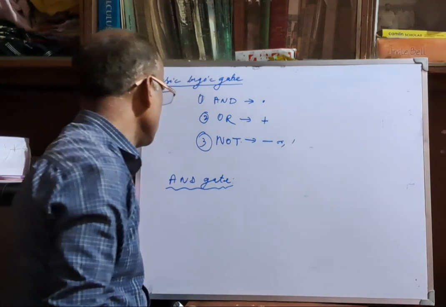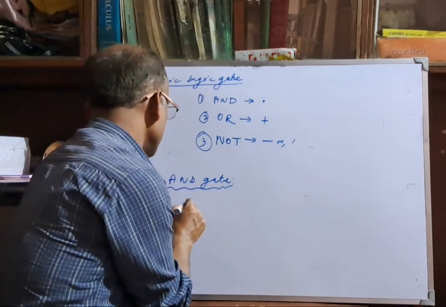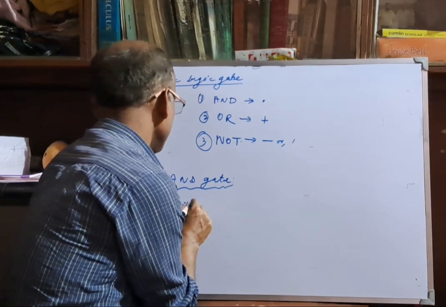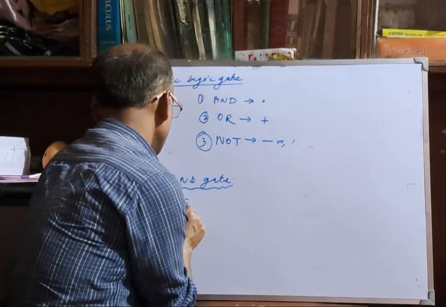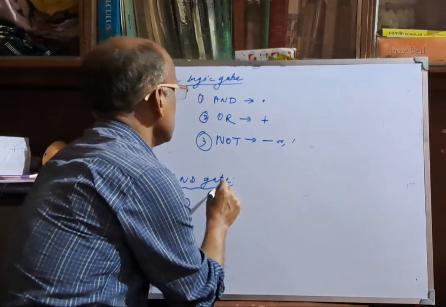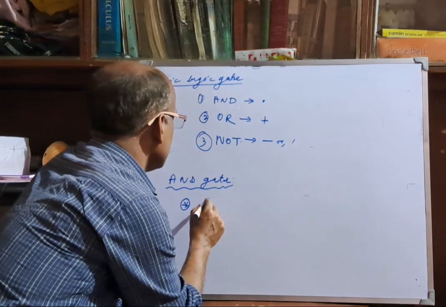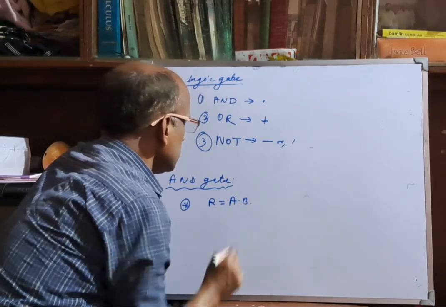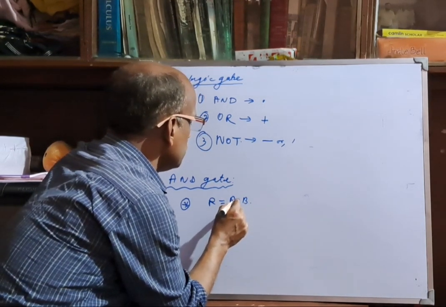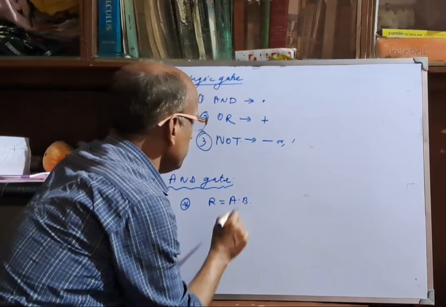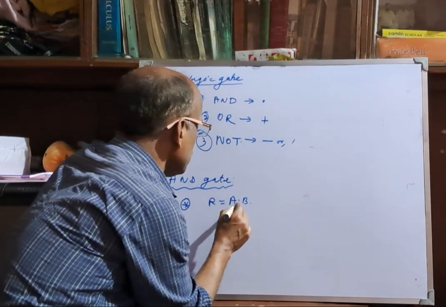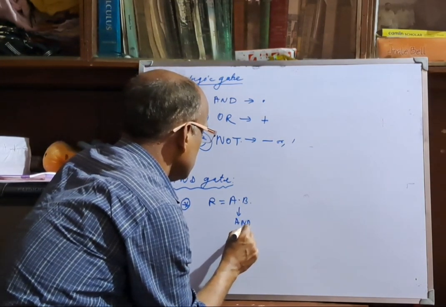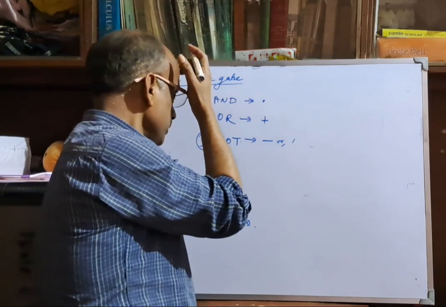Suppose it is represented in this way: R shows the relation between A and B. There are two input variables, A and B, and there is a symbol dot which is used to relate A and B. This dot is known here as AND. Okay, clear.